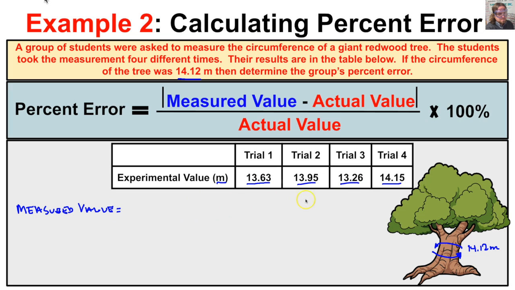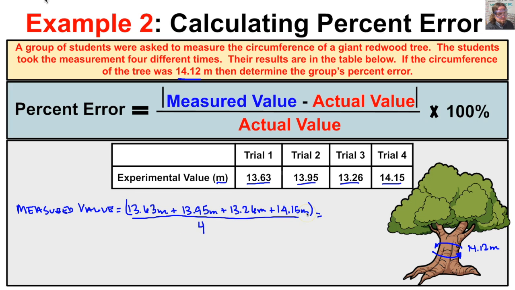We're going to take an average of all 4 trials, so 13.63 meters plus 13.95 meters plus 13.26 meters plus 14.15 meters. And because there are 4 separate trials here, we will divide all of this by 4.